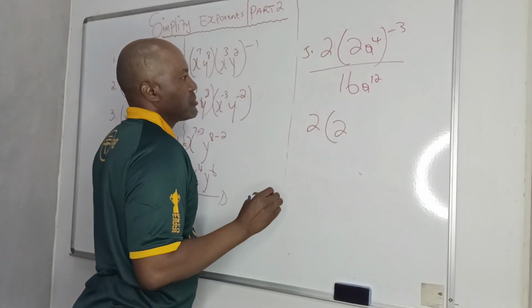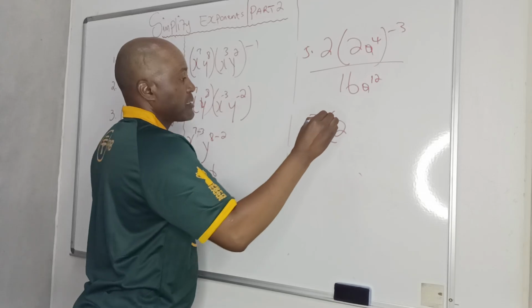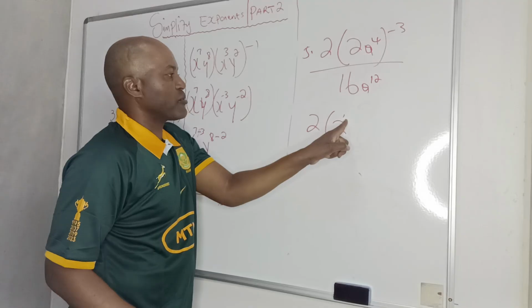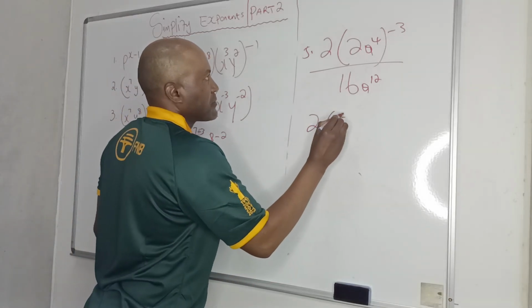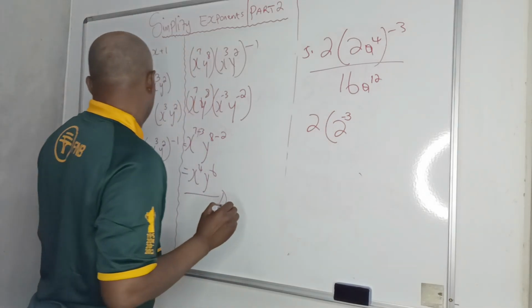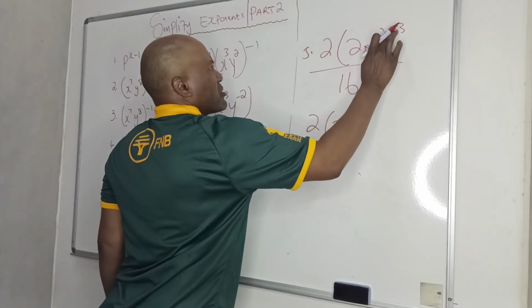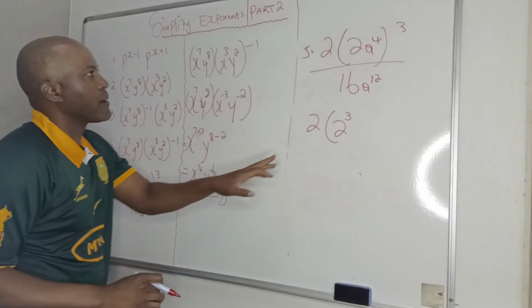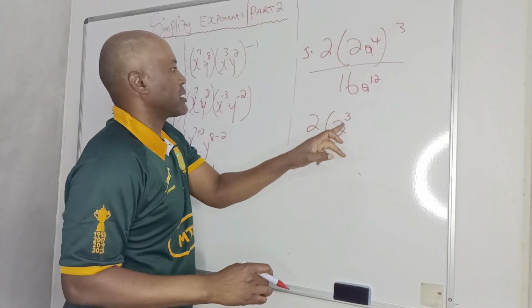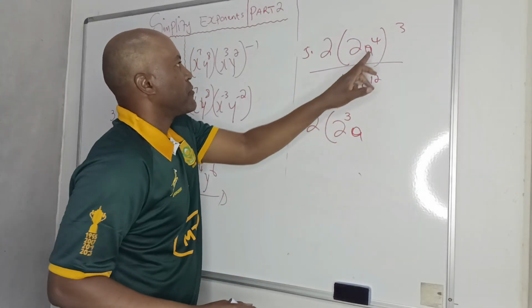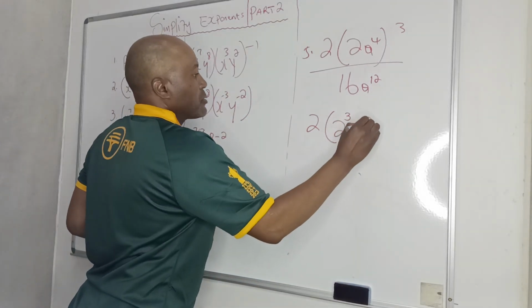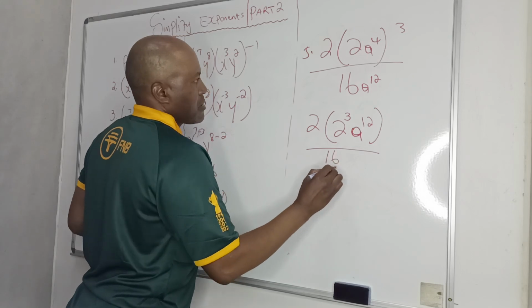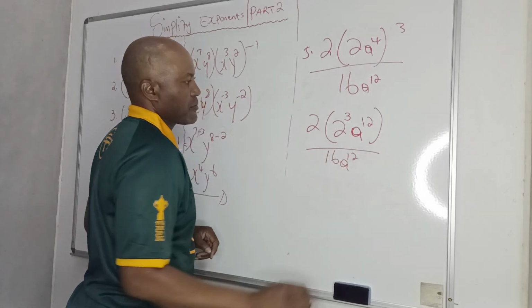Keep the 2, then there is always a 1 here. 1 by 3, you get 3, and a raised to 4 by 3, you get 12, all over 16a raised to 12.